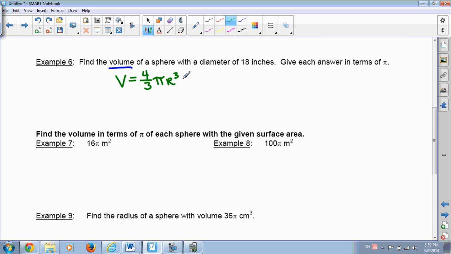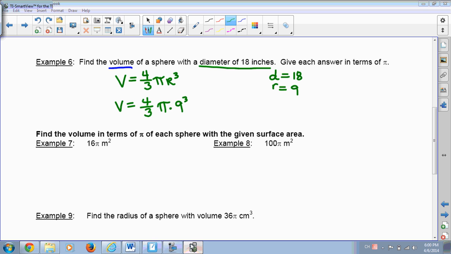That's our volume formula for a sphere. We know the diameter is 18 inches, so our radius is half of that, which is 9. So all we need to do is plug into our formula: 4/3 pi times 9 cubed.